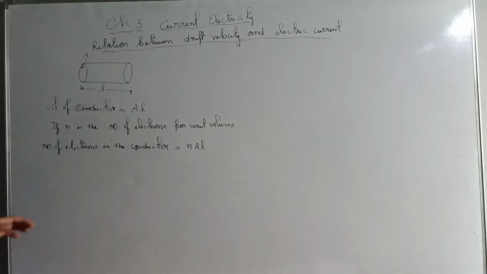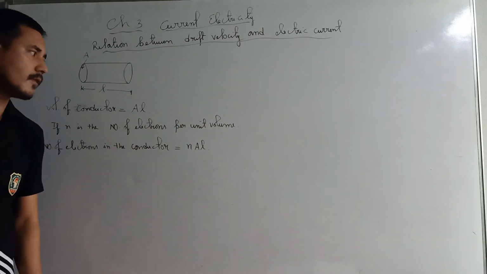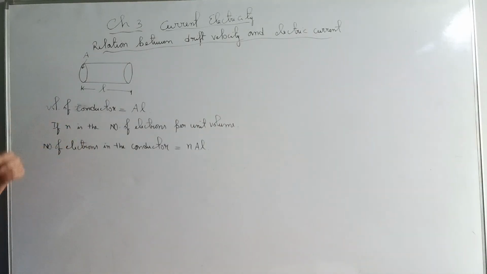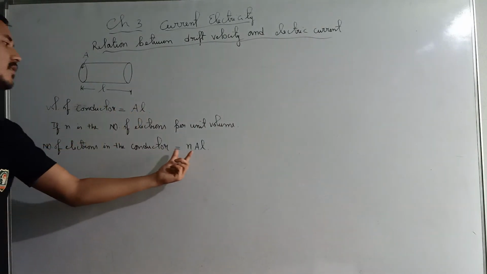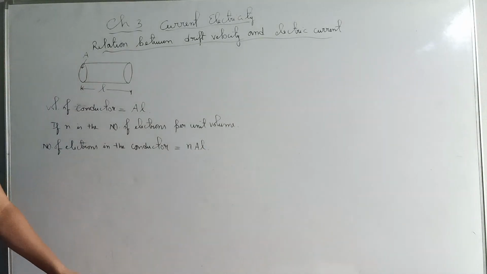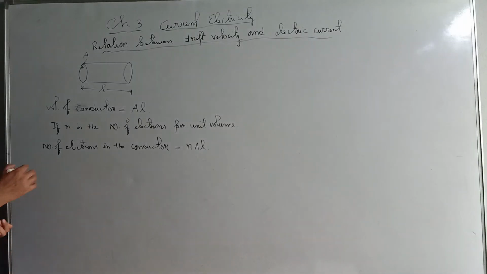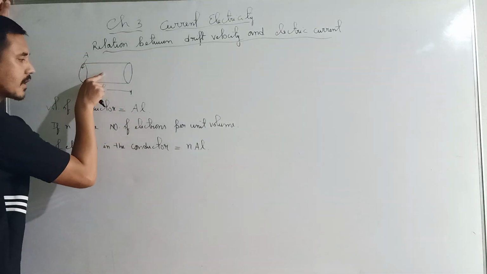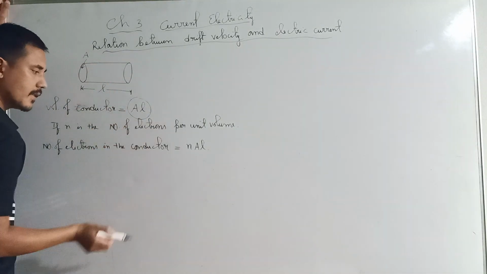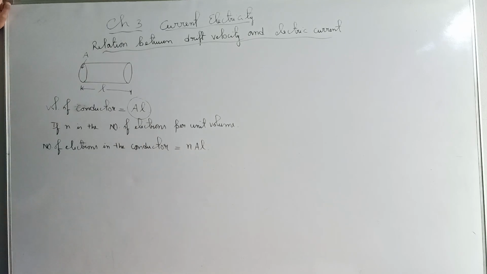N is the density of the electrons, means number of electrons per unit volume. 1 unit volume means N electrons. This much volume means this much number of electrons will be present. Number of electrons present in the conductor of volume AL will be given by NAL.